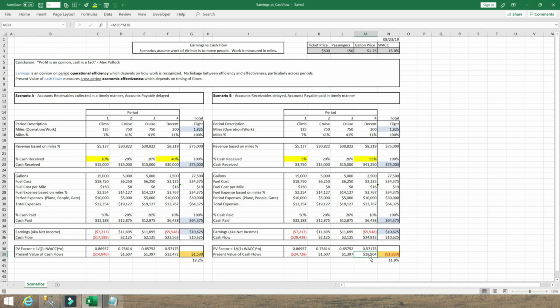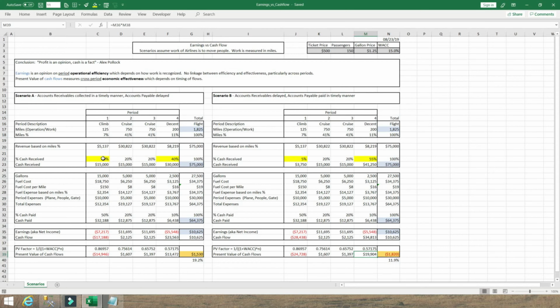So scenario B is impacted in two ways. The negative cash flow weighs more heavily, but the positive cash flow weighs less heavily because it's coming in the last period.